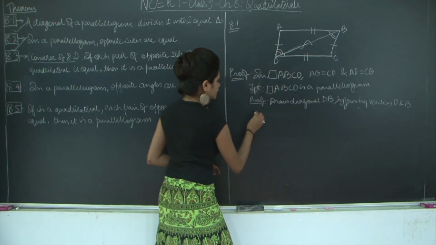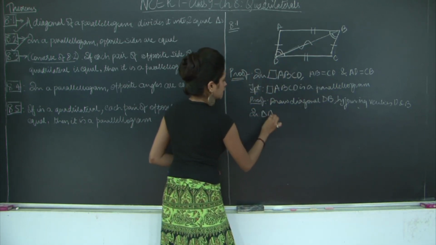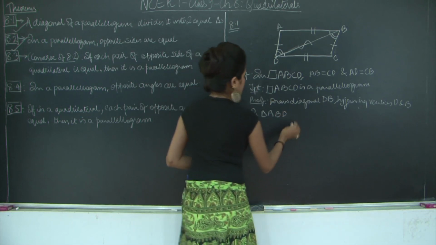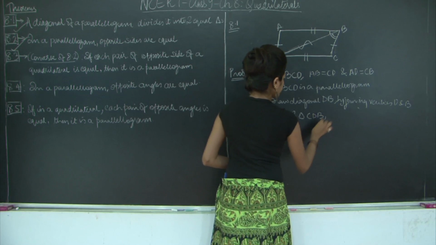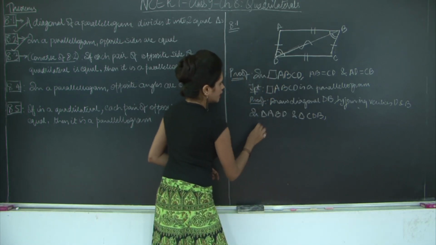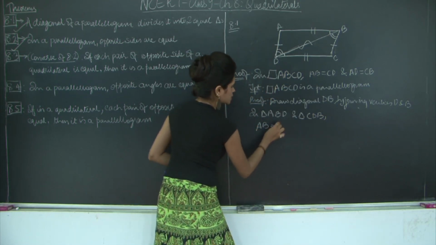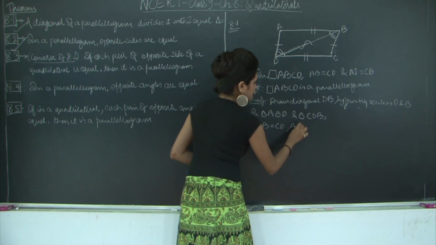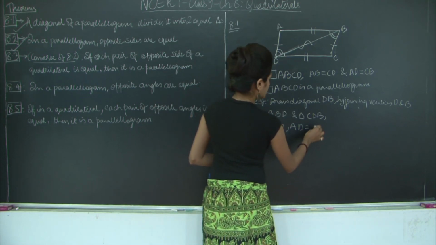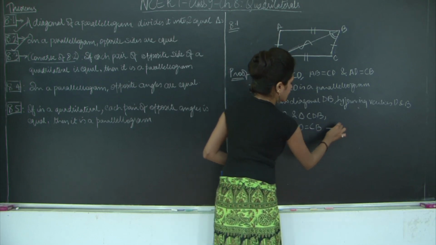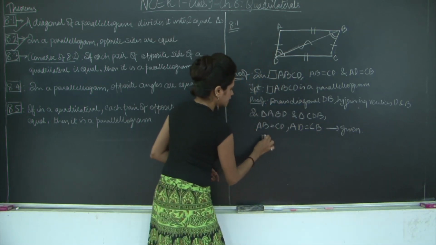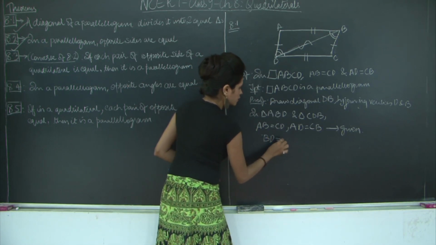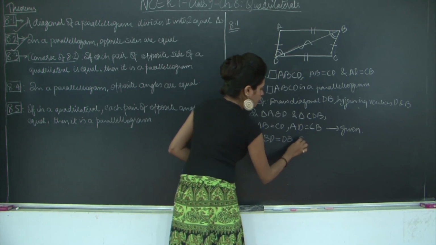So what do we have? In triangle ABD and triangle CDB, I have AB is equal to CD, AD equal to CB. Both are given. Also I have DB or BD is equal to DB, common side.